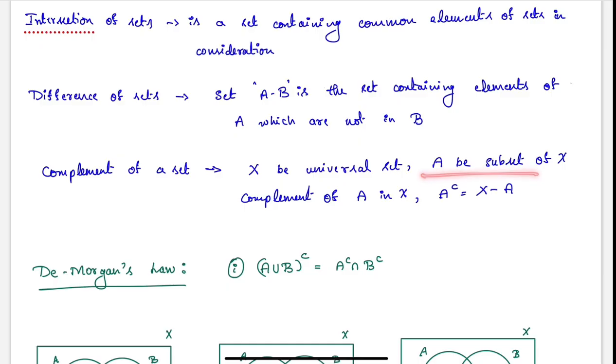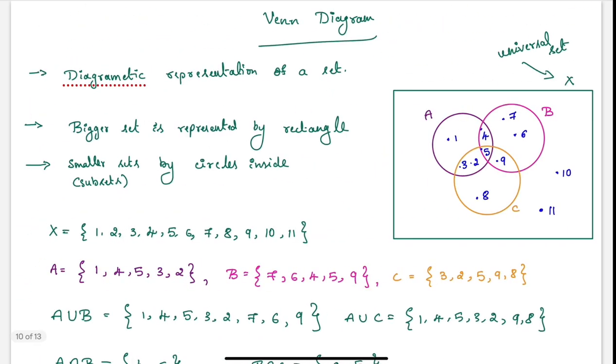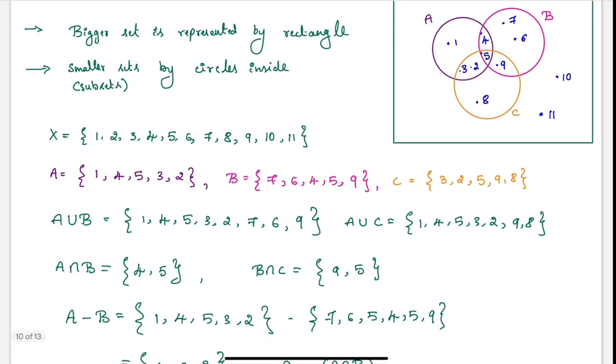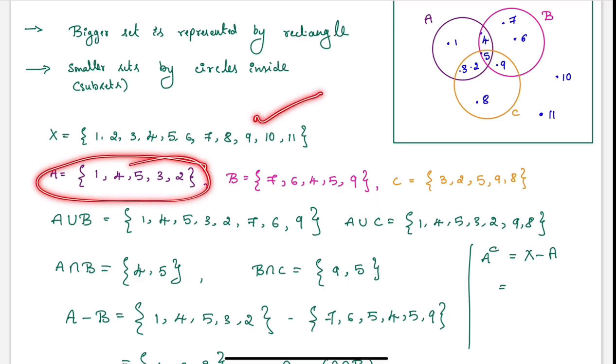Suppose A is a subset of X. Complement of A is just X minus A. If we consider this example here, what will be A complement? We denote complement like this. It is X minus A. You can observe the sets here, this and this. That is, we have to remove A from X.